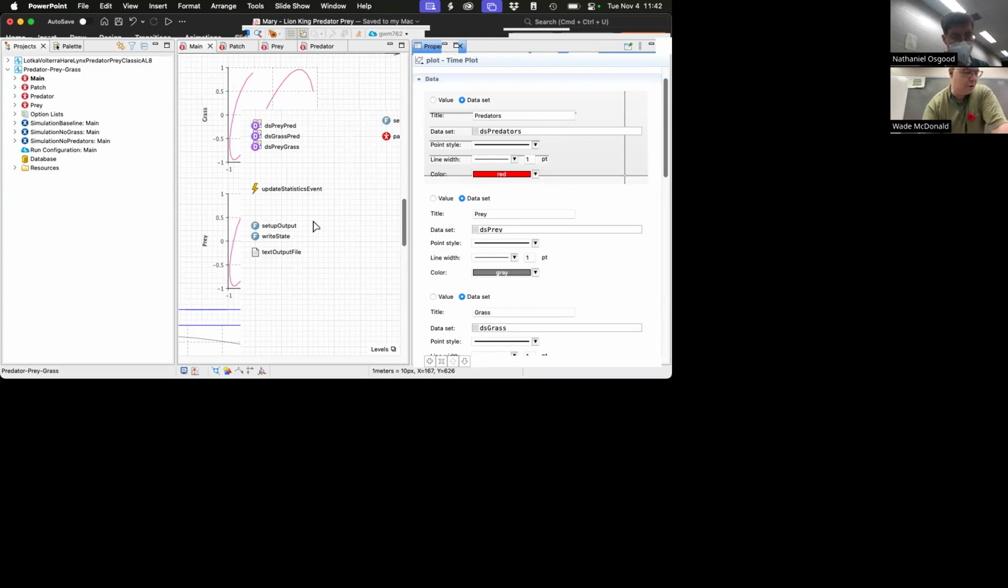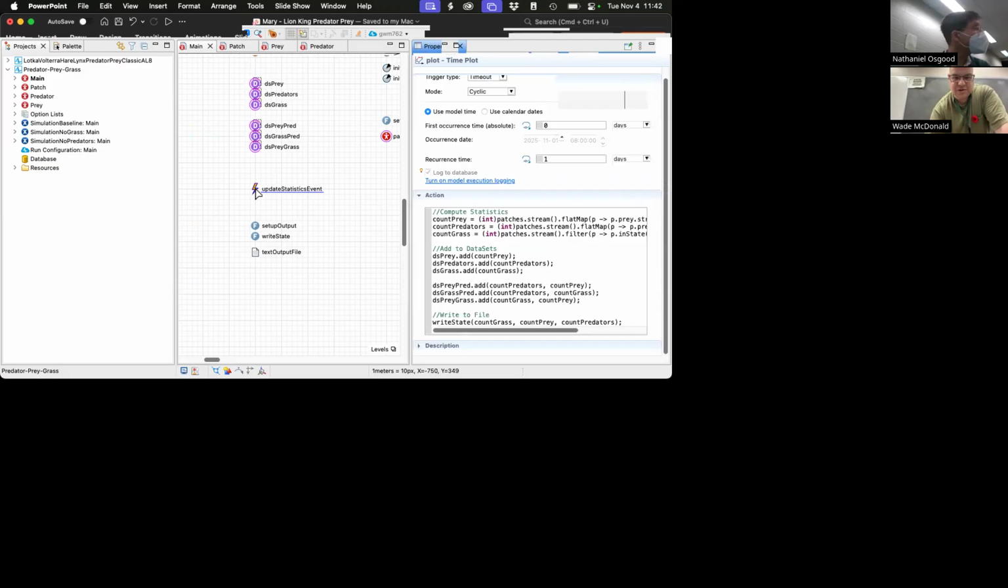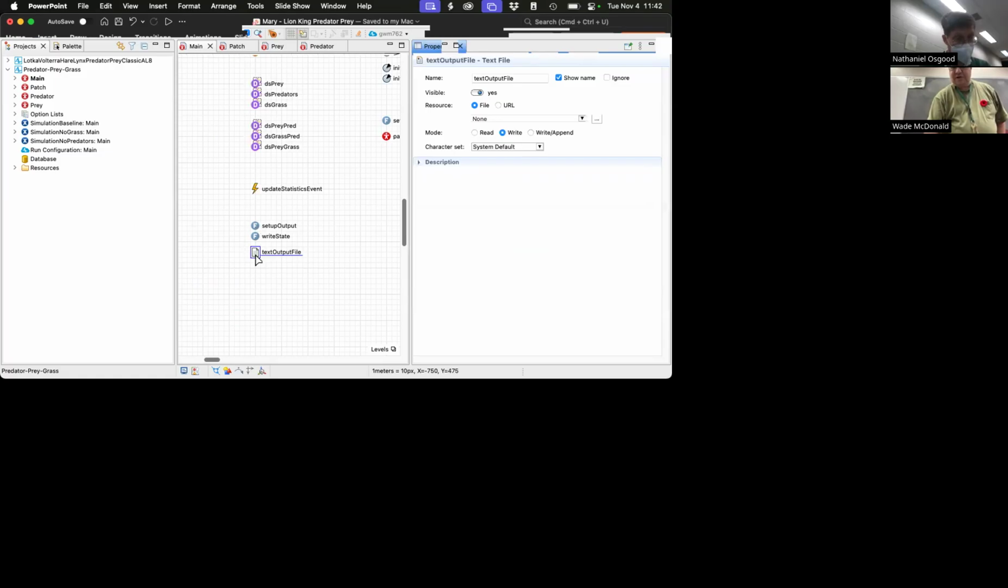And the final thing I want to draw your attention to in this model is we've got a basic file output mechanism that'll output it to a comma separated value file. So that's what this represents, the text output file.